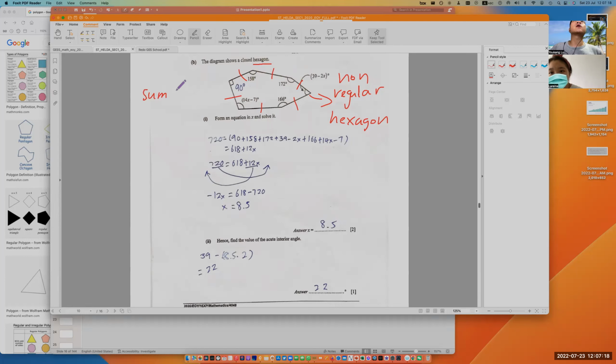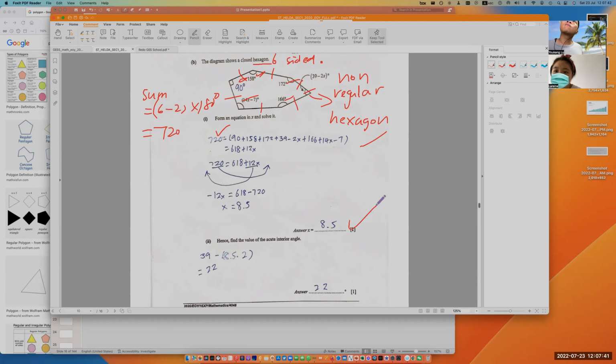The sum for a hexagon is always 6 minus 2 times 180, which gives you 720. Then you equate it to this plus this plus this, so you will figure out x is equal to 8.5.